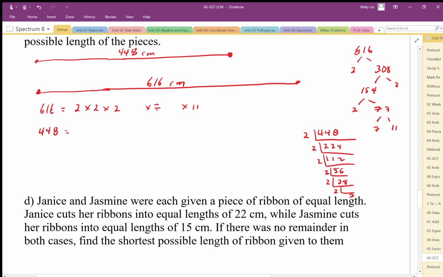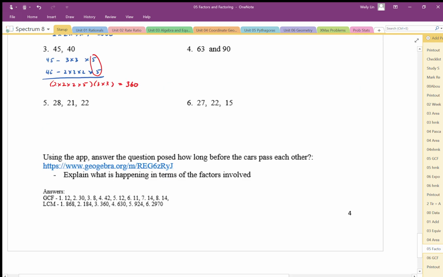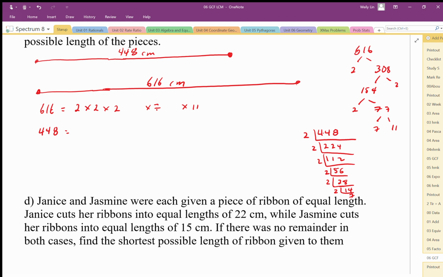So we end up with six 2's: 2 times 2 times 2 times 2 times 2 times 2 times 7.